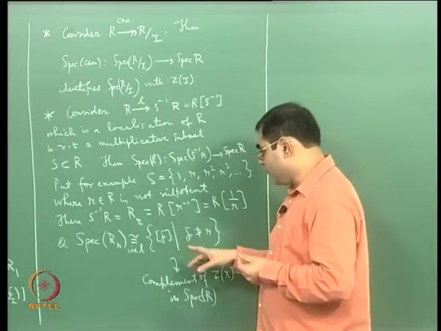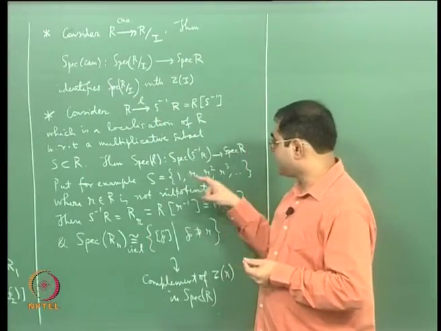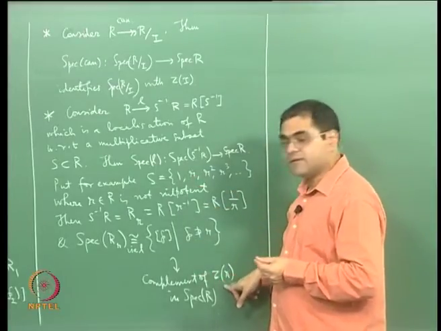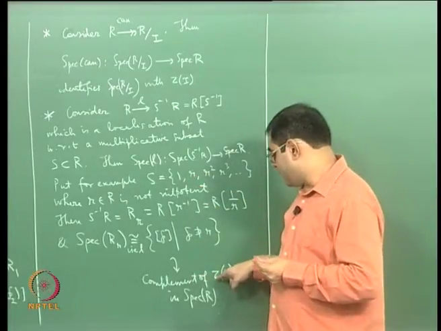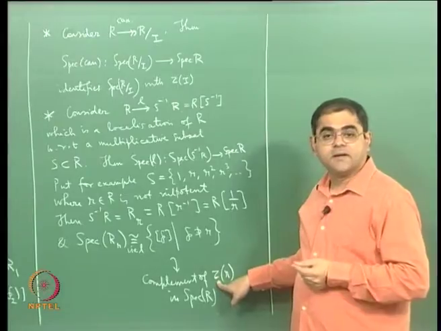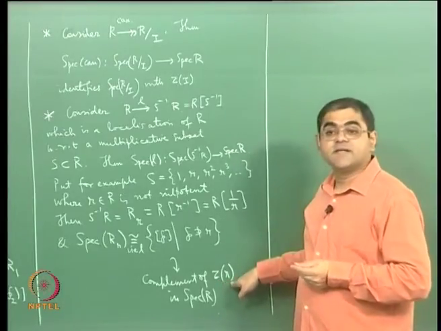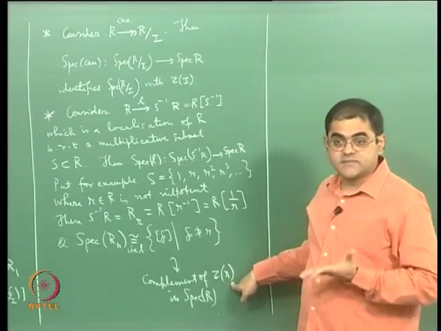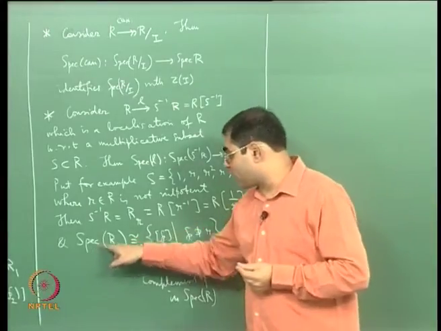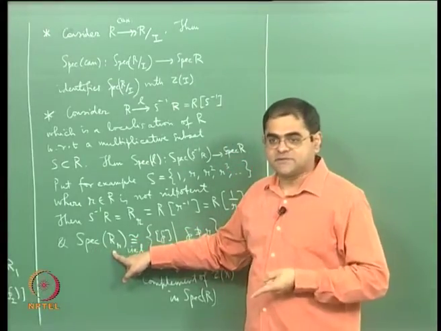And if you look at the open subset that corresponds to the complement of the ideal generated by a single element, that also is a spectrum that can be identified with the spectrum of the ring localized at that element, okay.